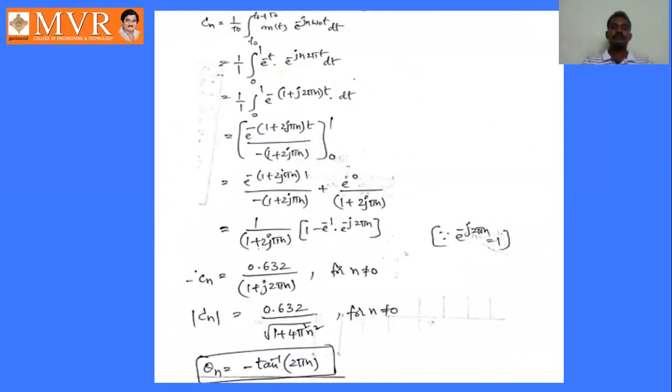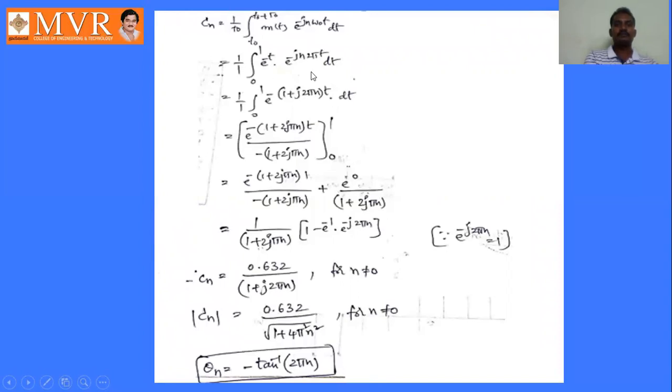Next, we will find the value of Cn. That is 1 by T0 integral T0 to T0 plus T0 of m(t) into e^(-jnω0t) dt. So it is 1 by 1 integral 0 to 1 of e^(-t) into e^(-jn2πt) dt. Here the bases are the same, so we can add these two.